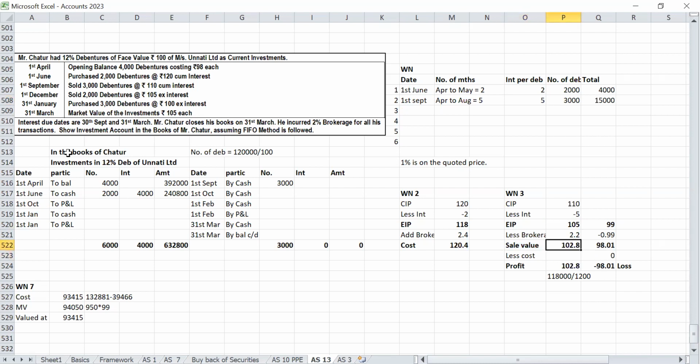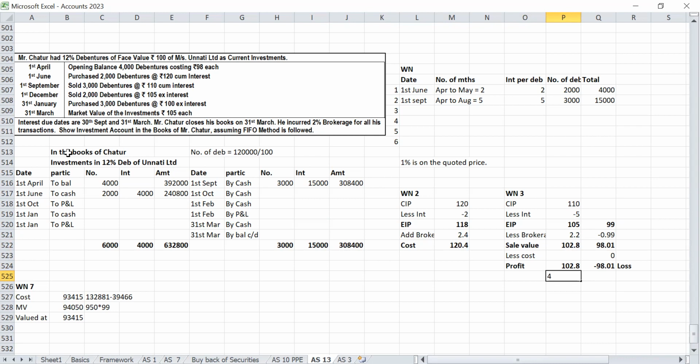Sale value 102.8. So interest 15,000, amount 3,000 into 102.8. Cost, FIFO method. How many debentures are we selling, sir? We are selling 3,000 debentures, sir.